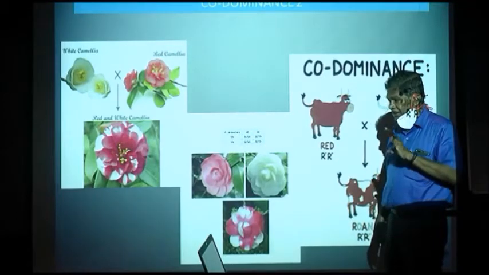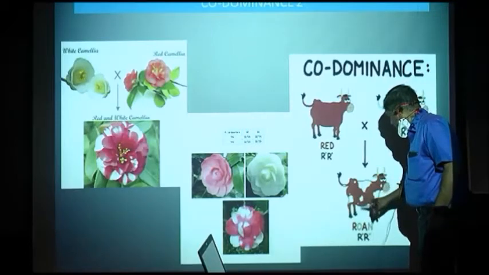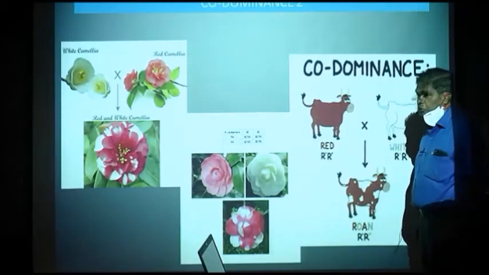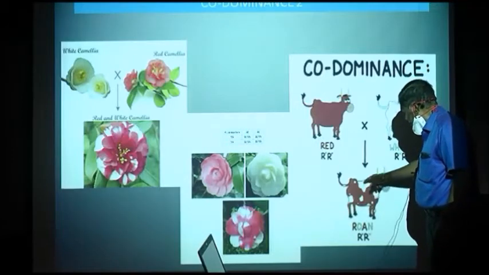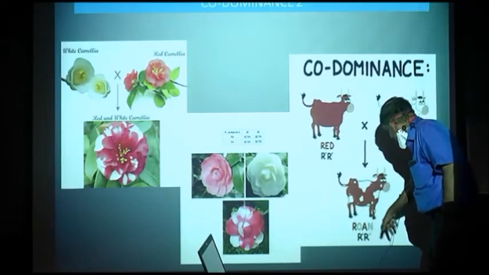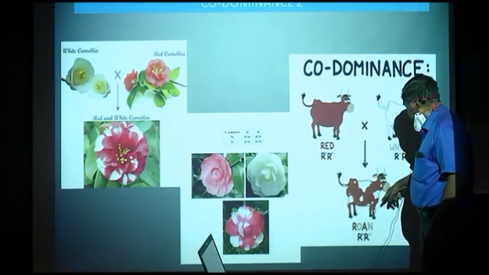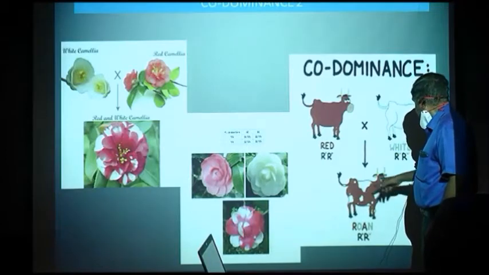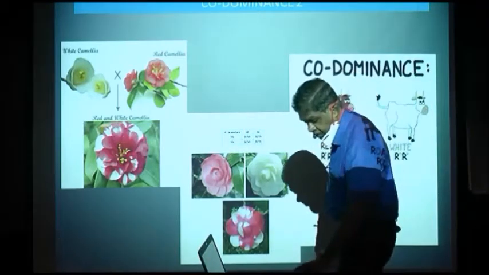And here again we find that we get an expression called roan, where we get both red and white occurring in patches, that is capital R red, capital R white, both are expressing themselves. So this is a case of co-dominance.